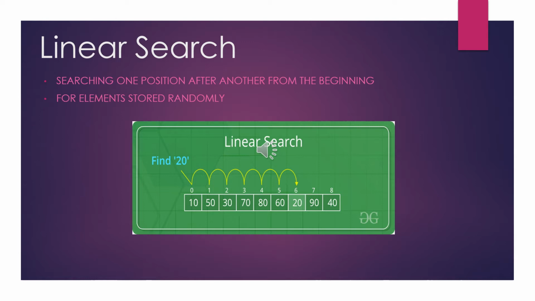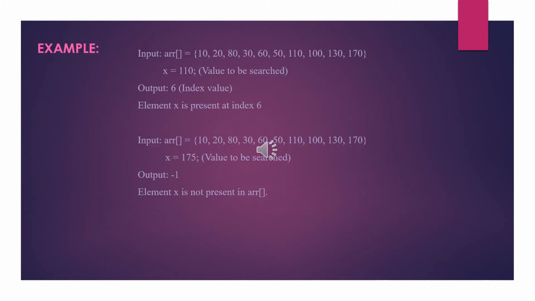Then the value at index 1, that is 50. Then index 2, that is 30, and so on. In this way we have got the value 20 at index 6. That means the index is 6 but the position is 7th. Otherwise it might happen that we will not get the value at all.